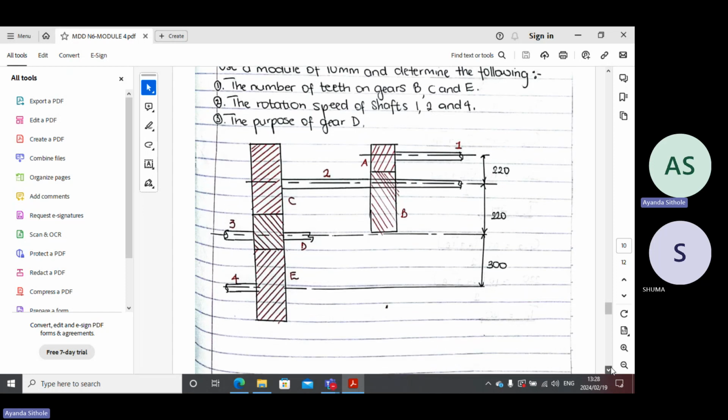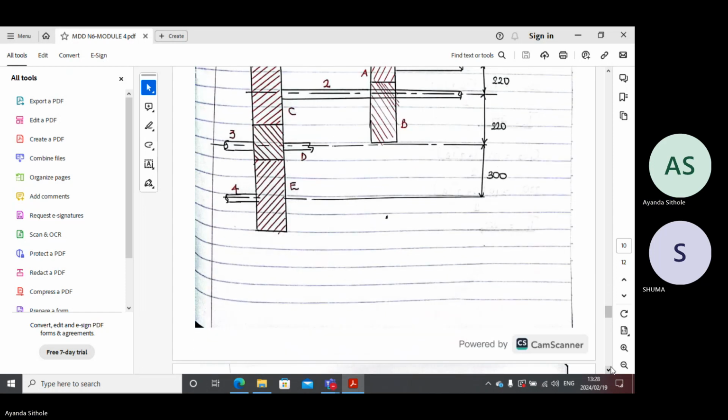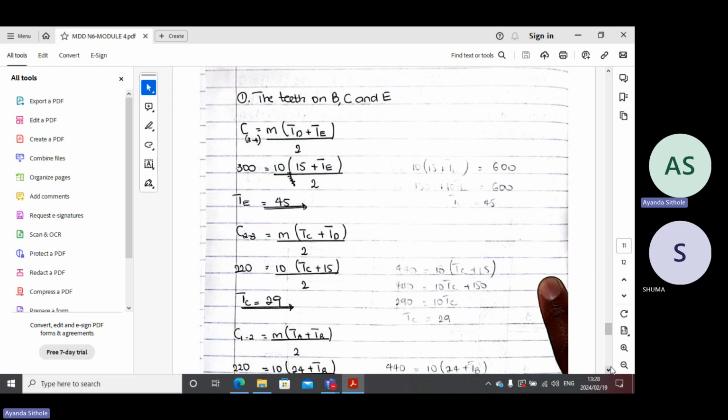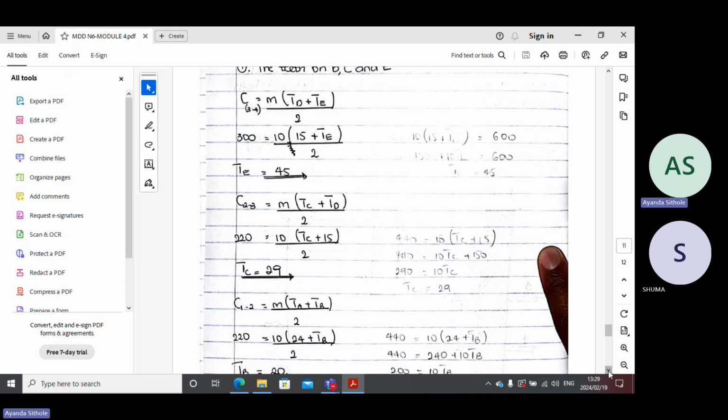So we have 220 for center distance. There's our 220, and then we have the module, and then we calculate for TC. TC is 29. Then for shafts 1 and 2, we also have the center distance of 220.